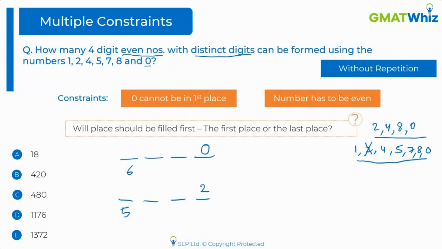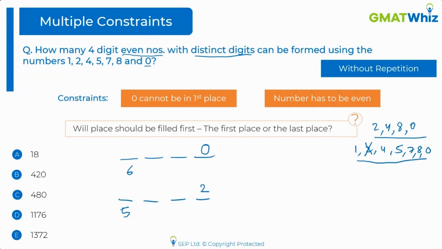So Ajeta, Rajdeep, I'm repeating it one more time. Remember, whenever you are filling a place with a number, for example, in this case, when we are filling the last place with 0 or 2, the impact on the other places is different. So that is something you have to think about. If you're filling one place with something, the impact on the other places should be similar. If it is not similar, if they are different, make 2 different cases.